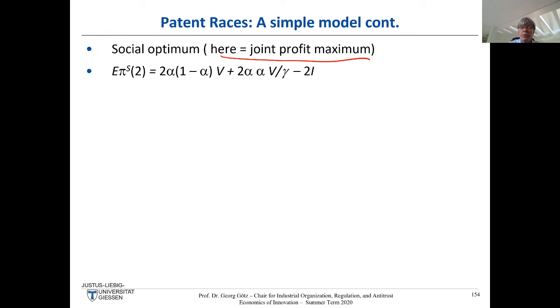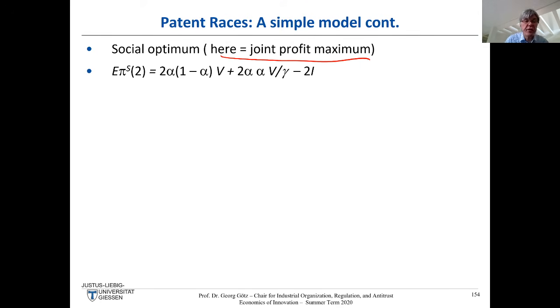So the social optimum is better looked into as a situation of joint profit maximization, where you have a corporate headquarter which decides on the number of laboratories, okay, and you compare that with a company which has 2 subsidiaries which are run as a profit center and which can on their own decide whether they want to run an R&D laboratory.